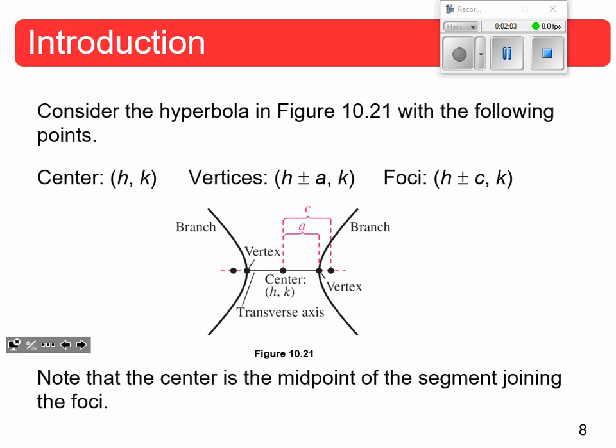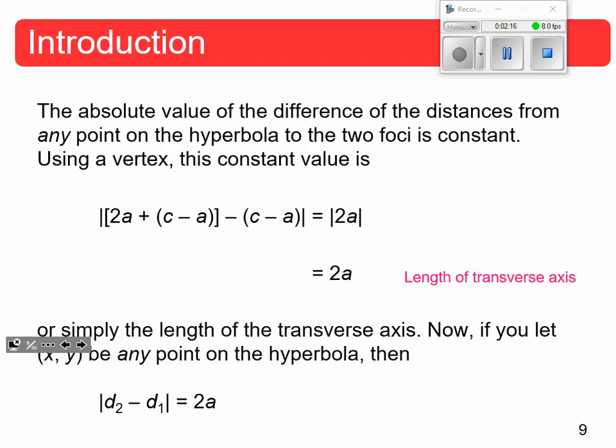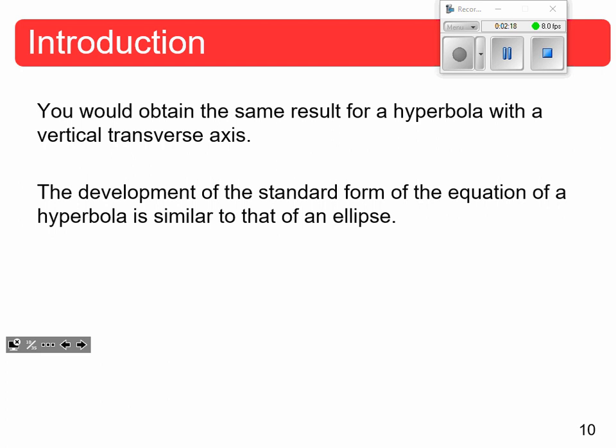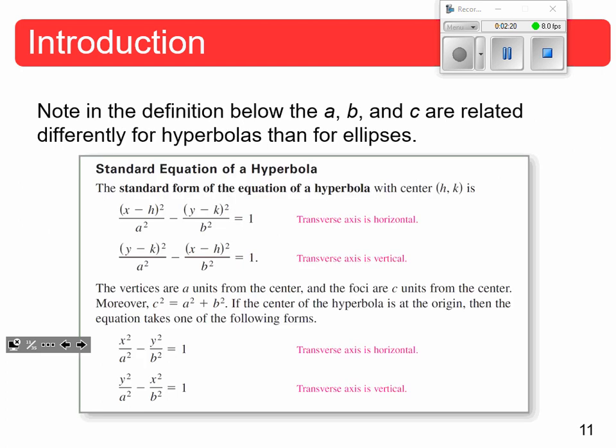So essentially it's just going up and down. So we can have it going left and right or up and down. Just like with the ellipse, where it was stretched either along the x or along the y, these can alternate as well. The absolute value, talking about the distances and development of this. And we get our equations.